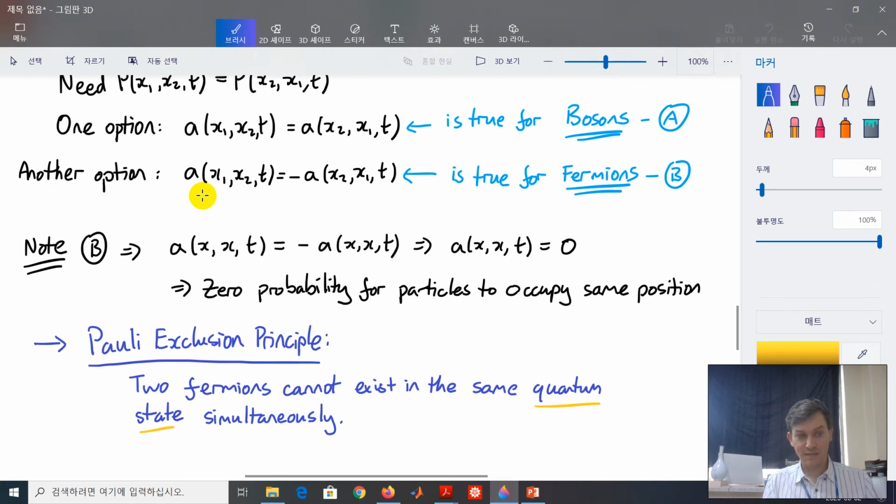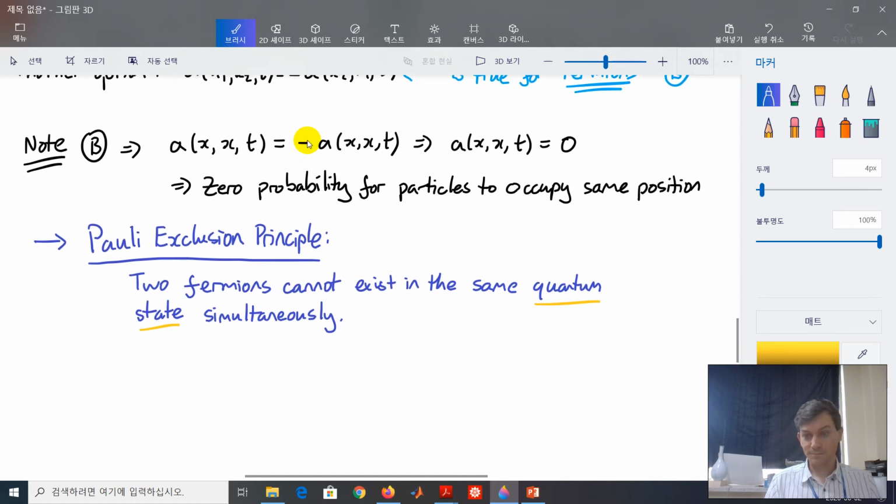The quantum state of two identical fermions must be different. They can't go into the same quantum state. But this only applies to fermions because of this minus sign. For bosons, it's completely fine. In fact, you can have as many bosons as you like in the same state.